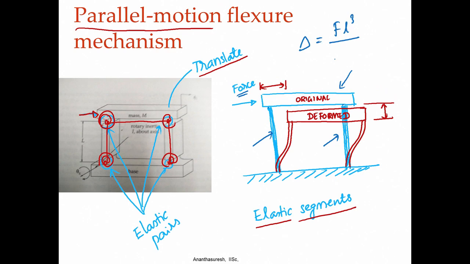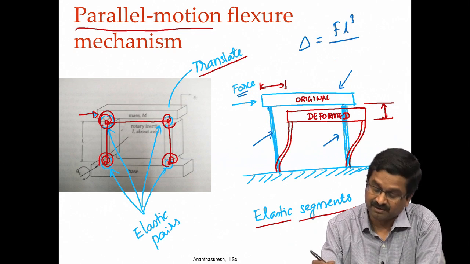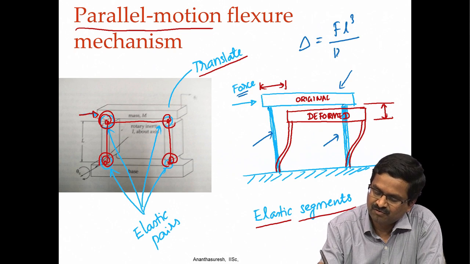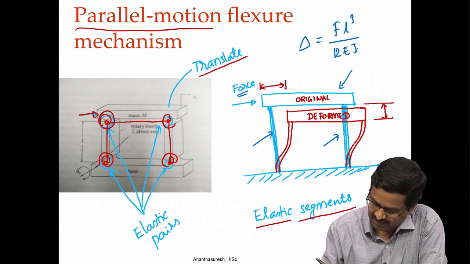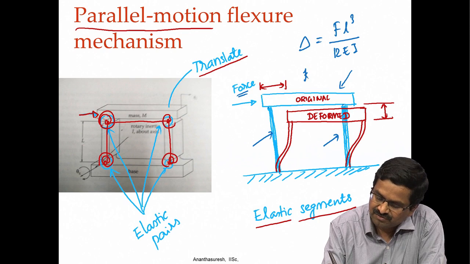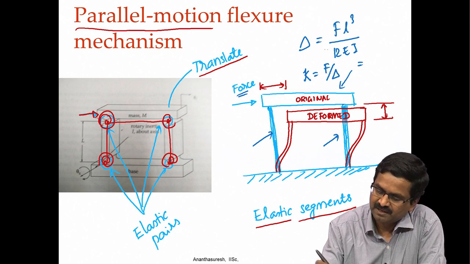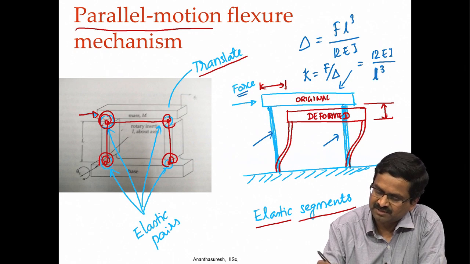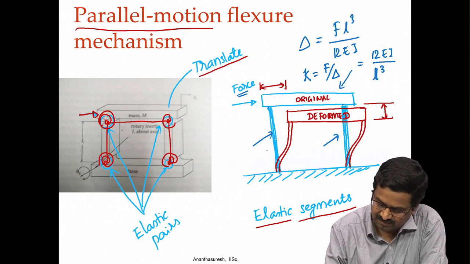So, if I first get the stiffness constant, the spring constant for this will be F divided by delta, that will give me 12 E I by L cube, that will be the k for each beam.